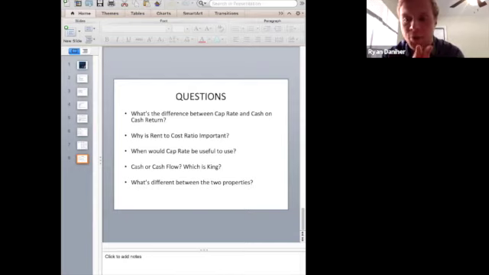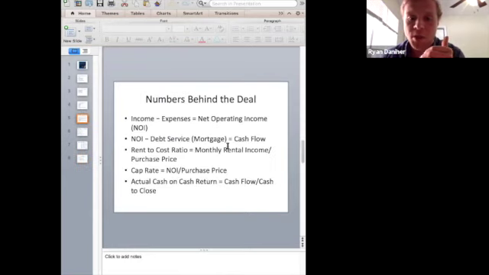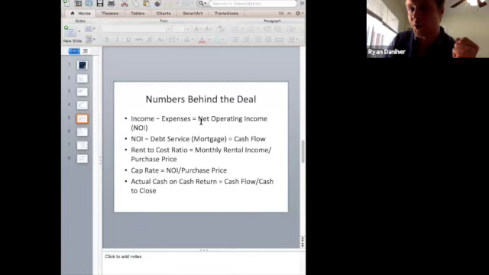Something that I didn't put in here is, when you divide the net operating income by the purchase price, that's also how you evaluate the value of a property, right? Because if you divide the net operating income by the cap rate, you get the value of the property. So you can also understand the value of your property just based on the inverse relationship of cap rate and net operating income.